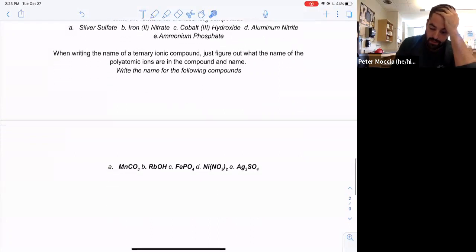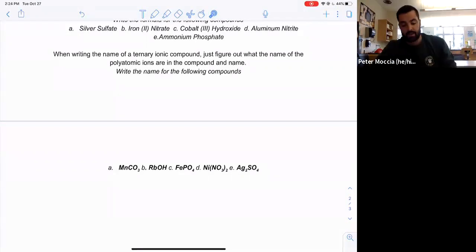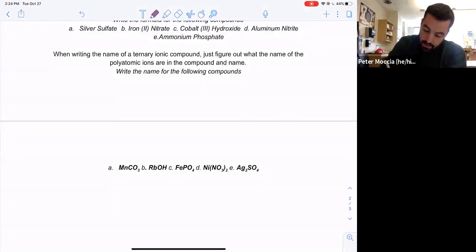And then lastly, when writing the name of a ternary ionic compound, just figure out what the names of the polyatomic ions are in the compound and name them. In this case, MnCO3, I know that this is CO3 2-, and Mn2+.